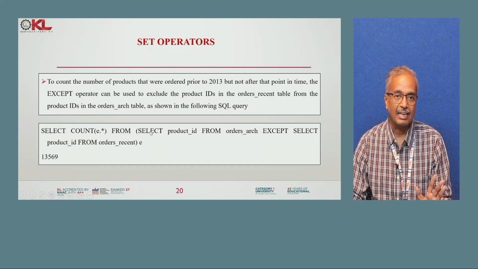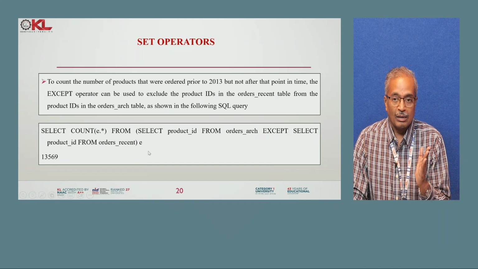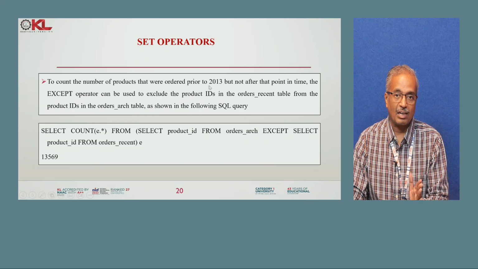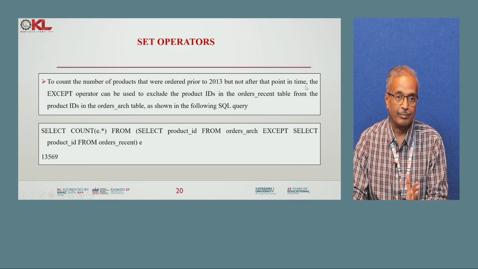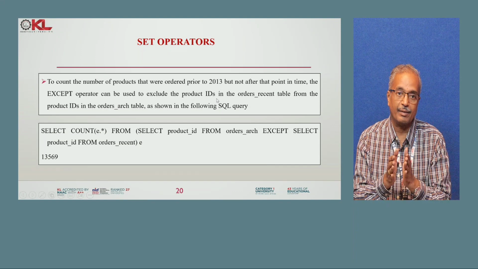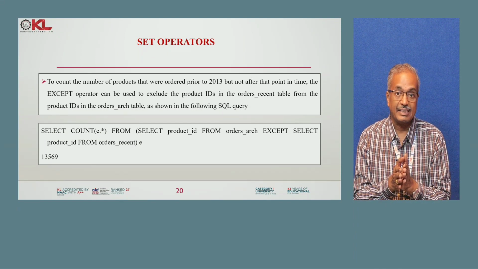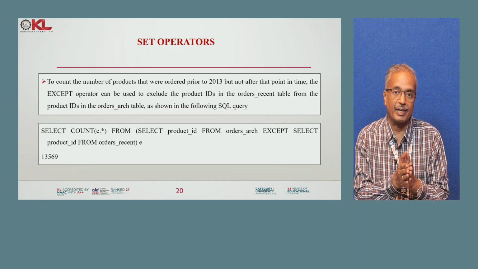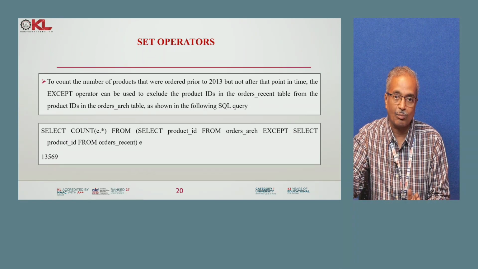The next one. Suppose you want to count the number of products that were ordered prior to 2013 but not after that point in time. The EXCEPT operator can be used to exclude the product IDs. Hope you are following. What is the use of EXCEPT? We get the total data, but within that data we require only this much, and we do not require some more data.